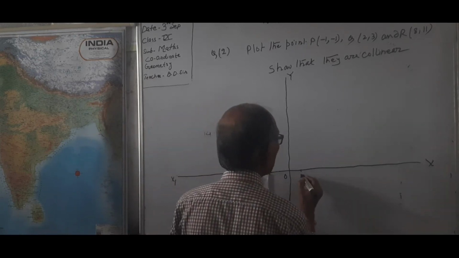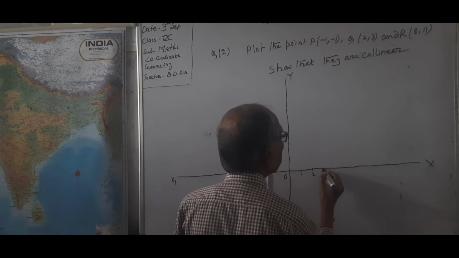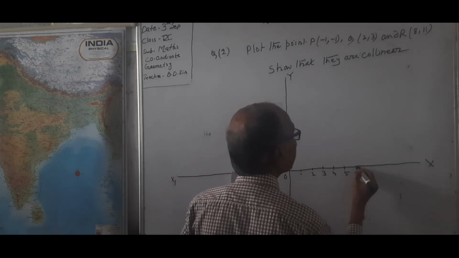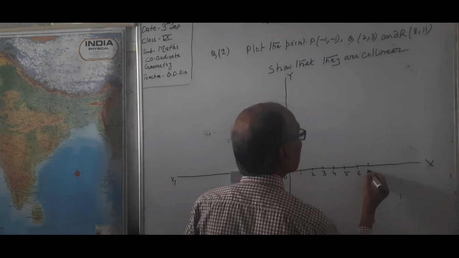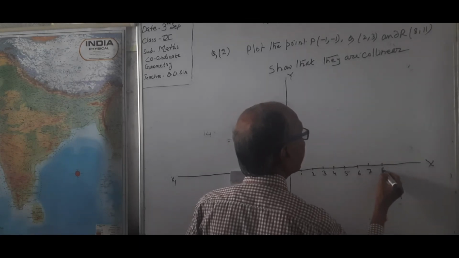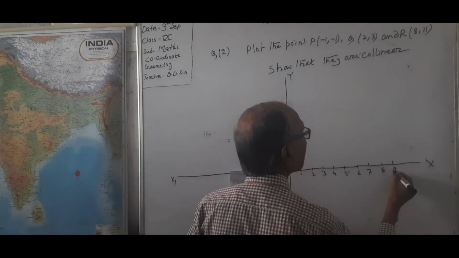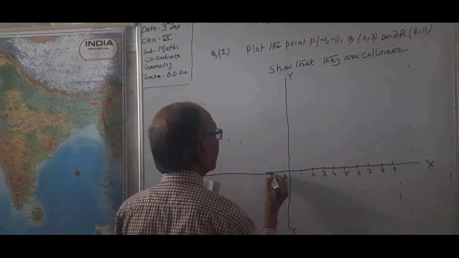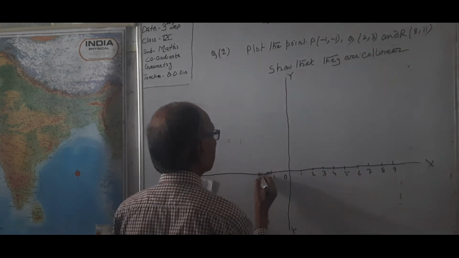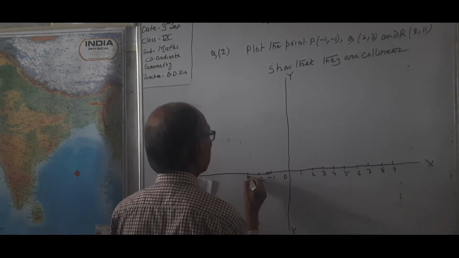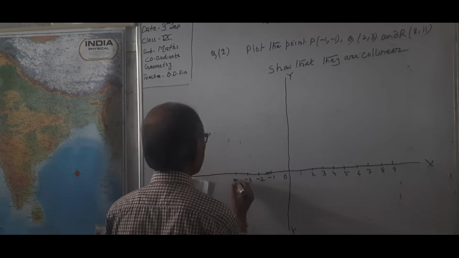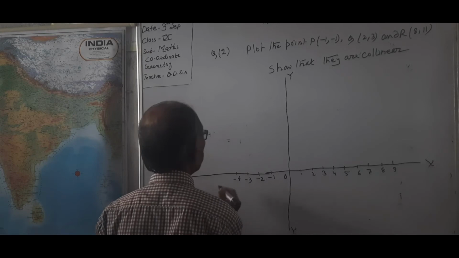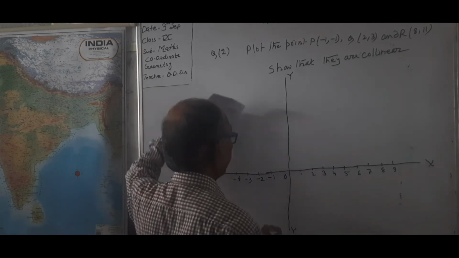Equal distances 1, 2, 3, 4, 5, 6, 7, 8, 9 and so on. Similarly on the left side, -1, -2, -3, -4 and so on.